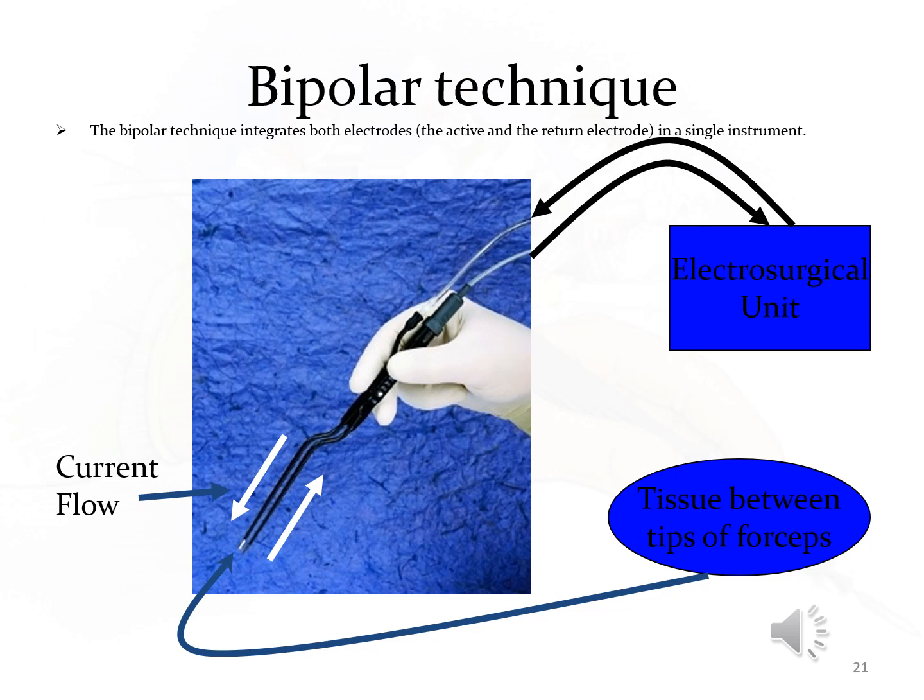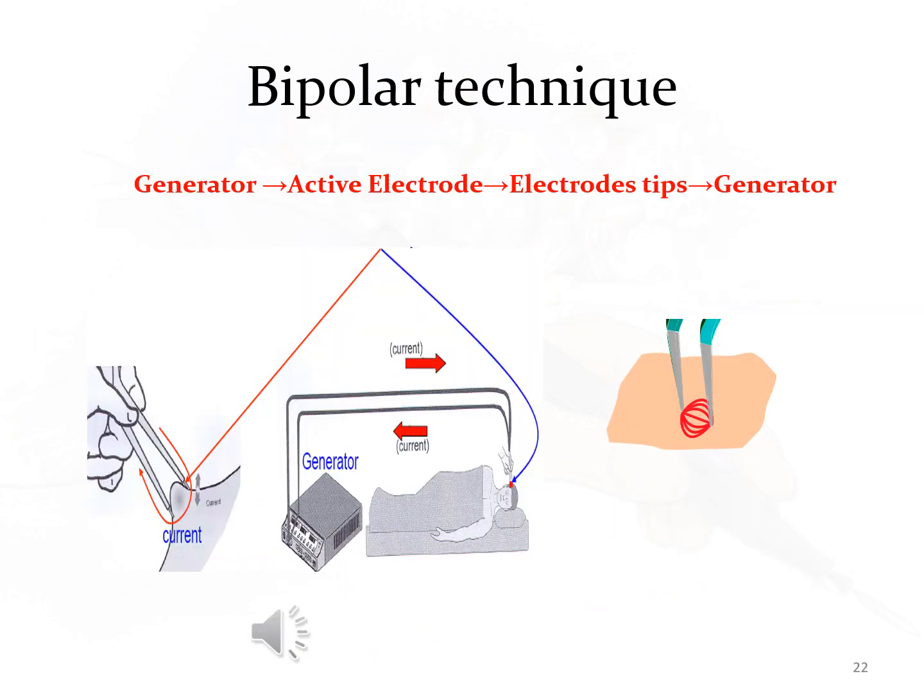Tissue damage is theoretically confined to only this direct space. The bipolar technique is a safer modality. We have first the generator, then the active electrode, then the patient, then the electrode tips, and finally the generator.